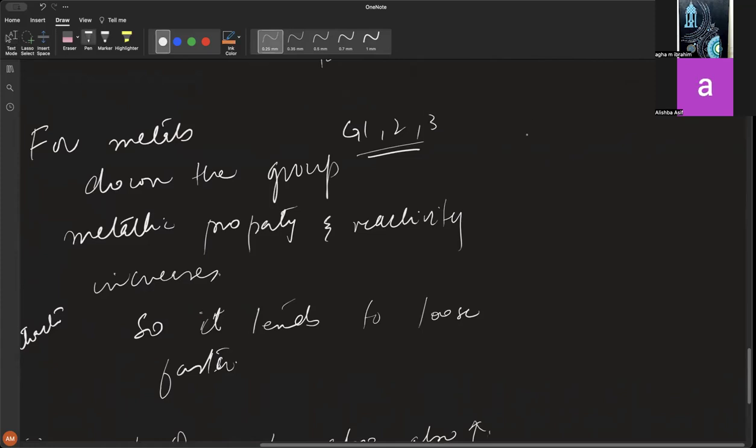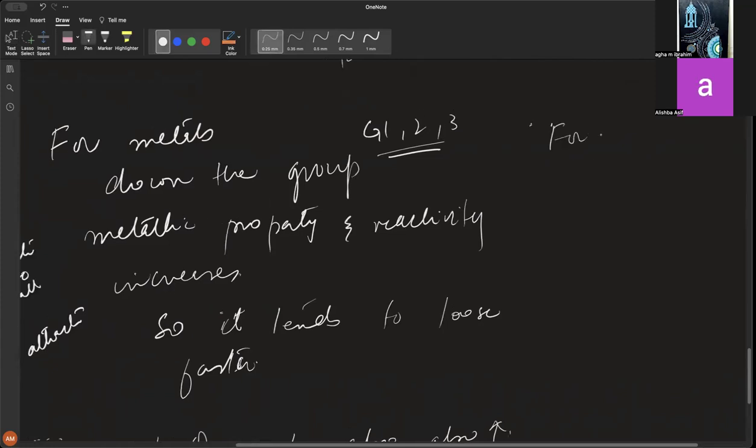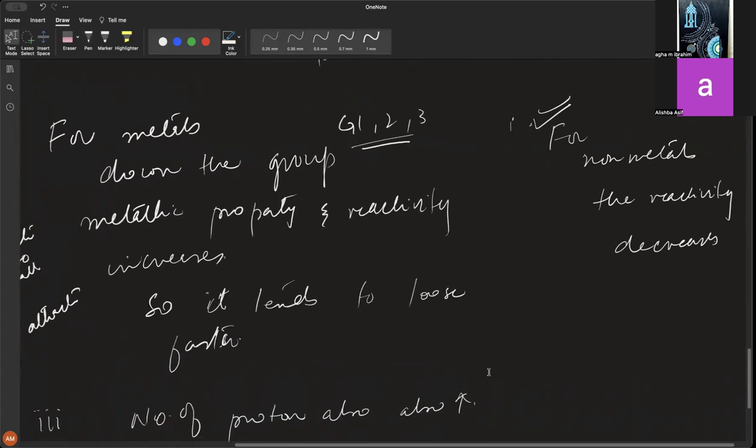For metals, for non-metals, what happens is, for non-metals, the reactivity decreases. All right, we'll study that inshallah. Why for non-metals going down the group is the reactivity decreasing?